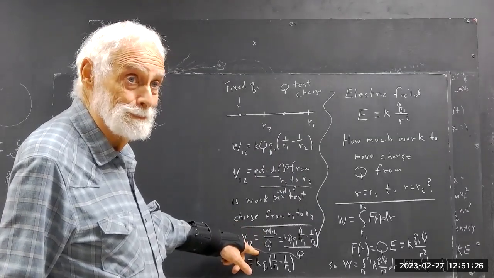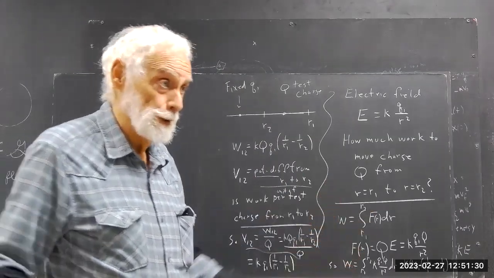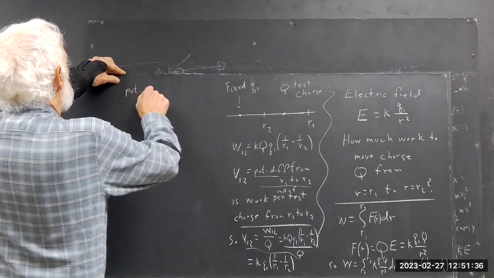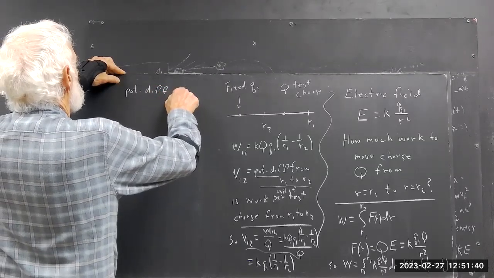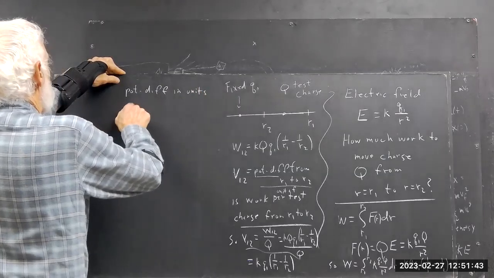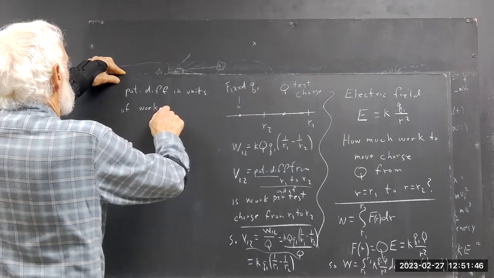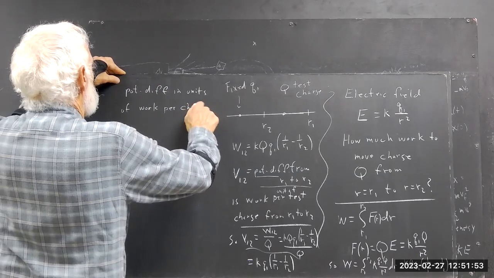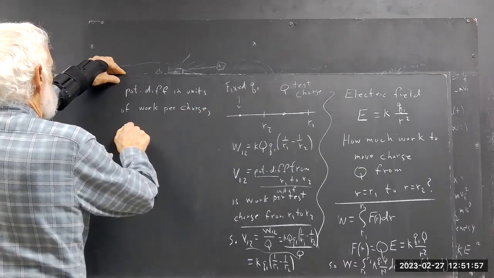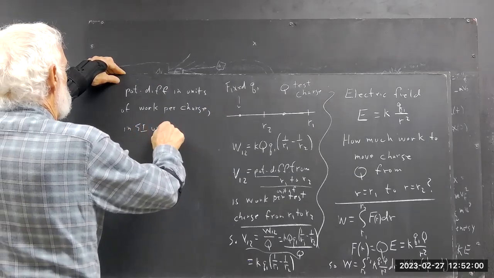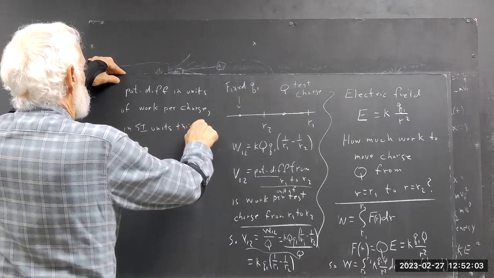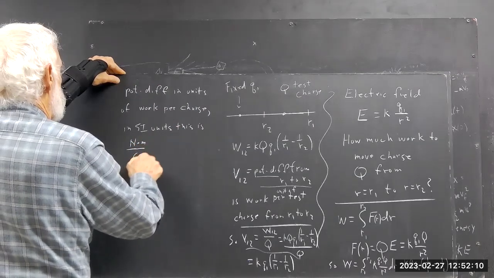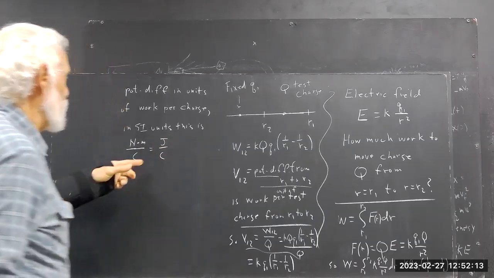This is work divided by charge, which is going to be joules per coulomb, which is also newton meters per coulomb, in SI units.